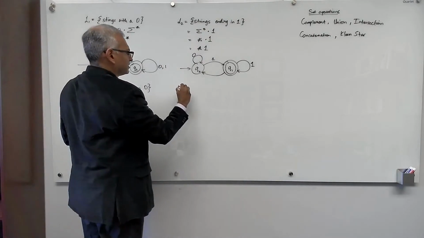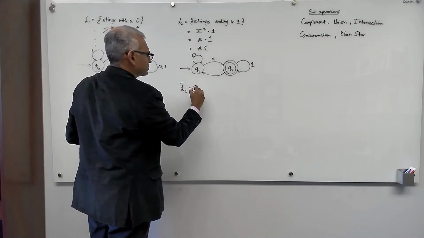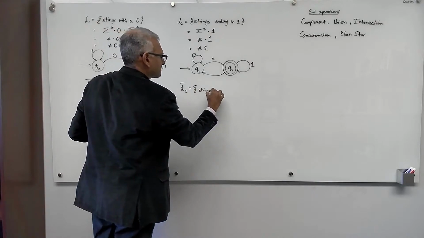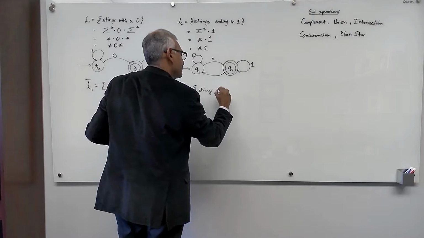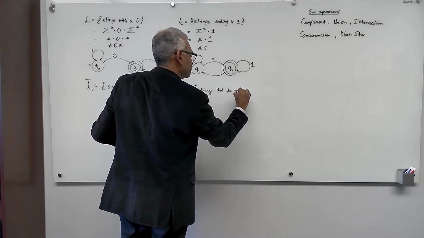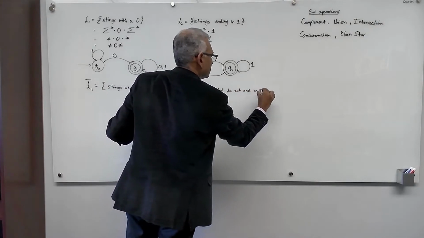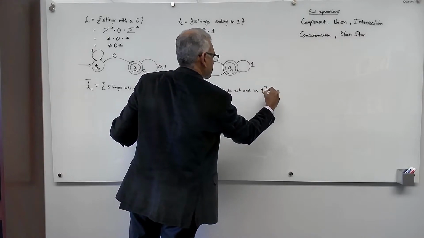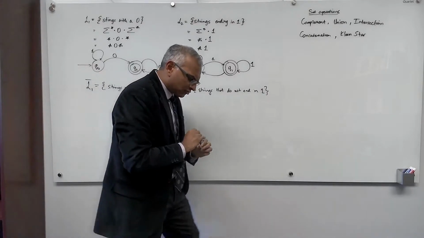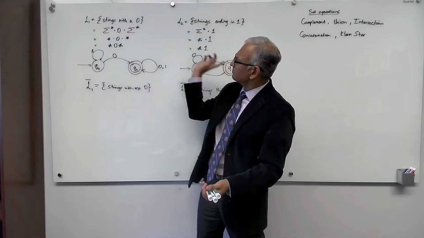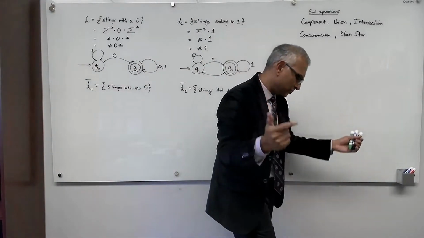L2 complement is strings that do not end in 1. So doing the complement is especially easy. I'm going to pause the video for a few seconds and figure out what machines solve the complement.